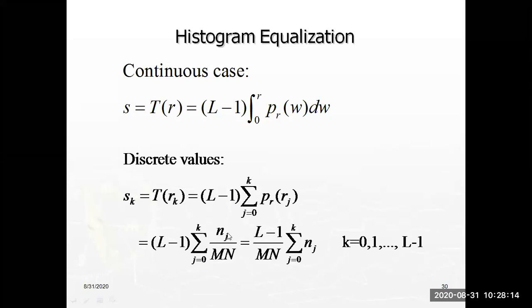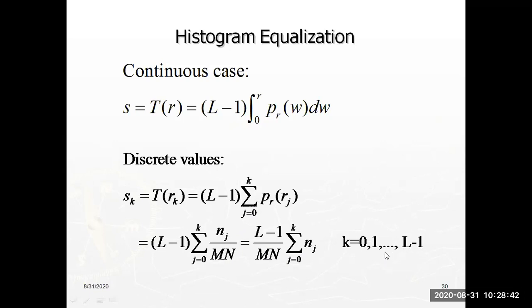This we already know is n suffix K by n actually, but here n K is replaced with small j. So n suffix j by MN, and L minus 1, simply sigma j equals 0 to K. Here the K value is 0, 1 and so on up to L minus 1.